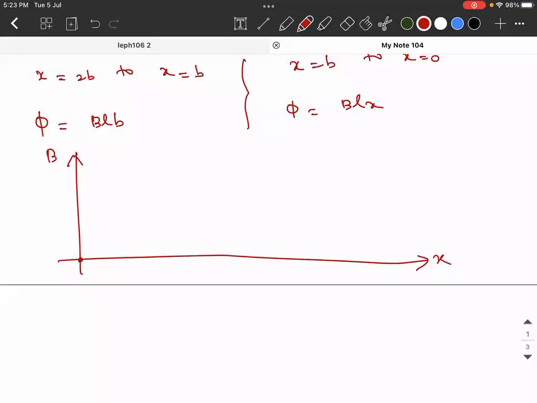So, when you go from 0 to B, flux is increasing. And from B to 2B, flux is constant.